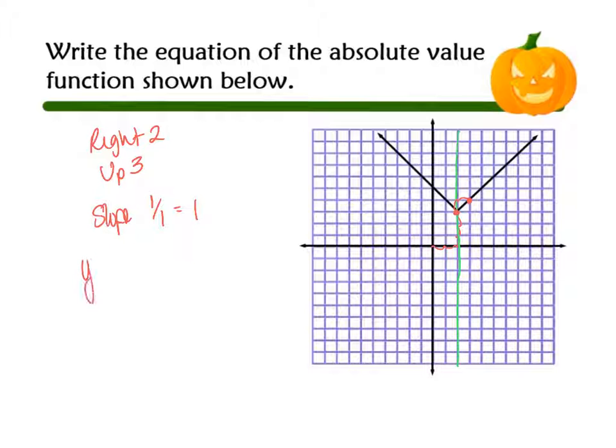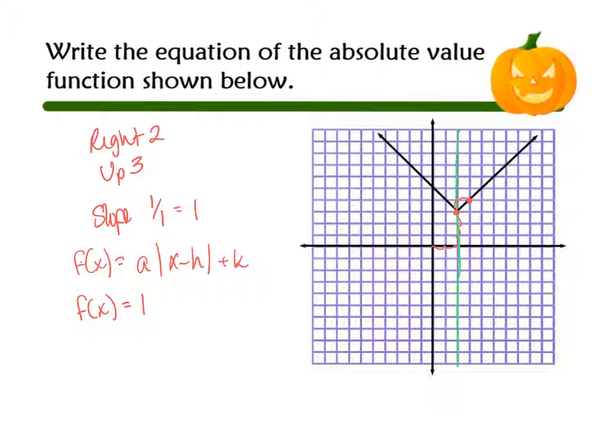So remembering our format, we have f of x equals a times the absolute value of x minus h plus k. All right, so let's write our equation. The a value here is going to be 1.